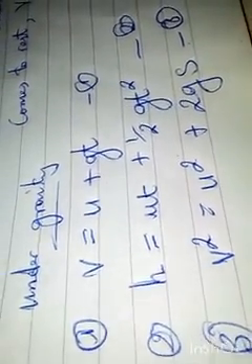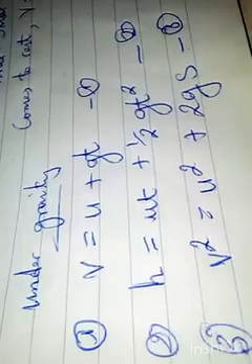And finally, this is all you need to know as far as the equations of uniformly accelerated motion is concerned. And this motion must be motion in a straight line.